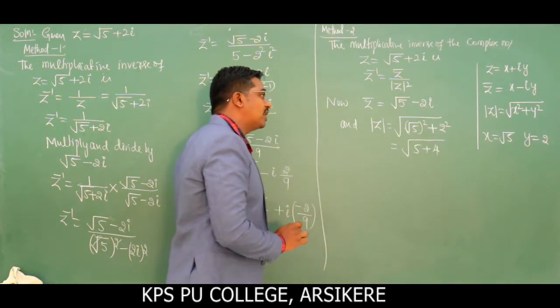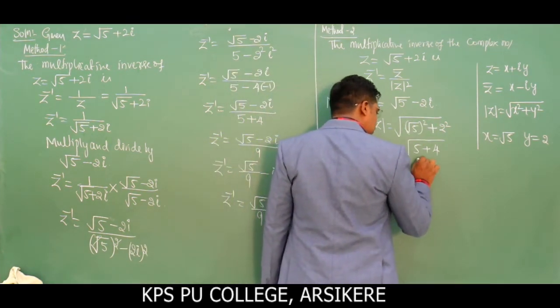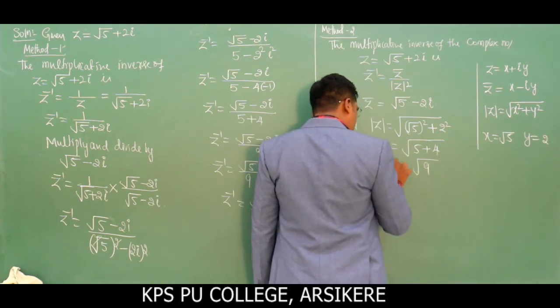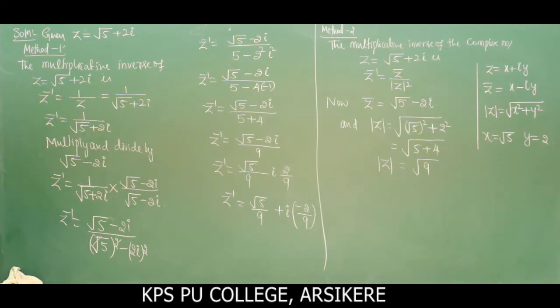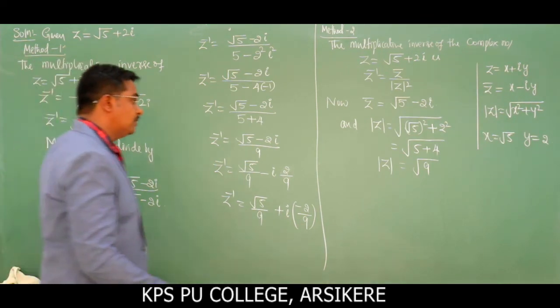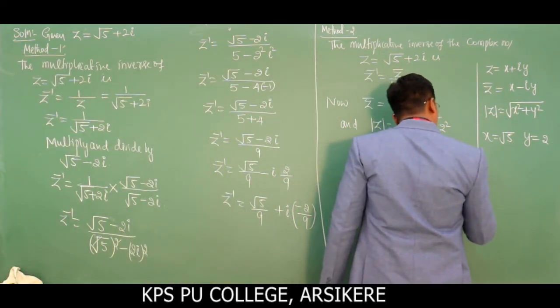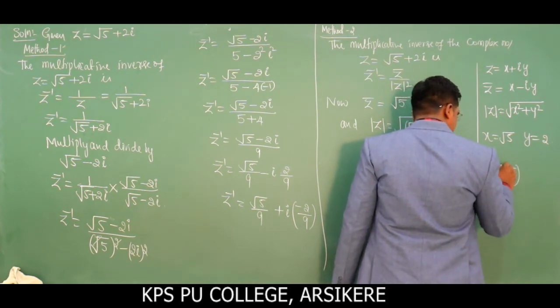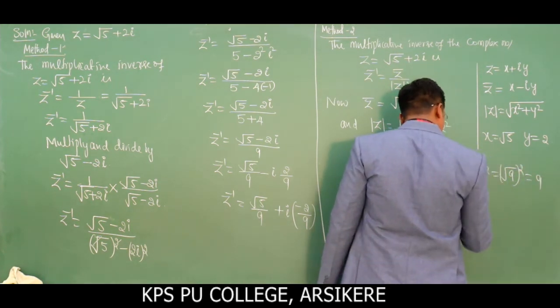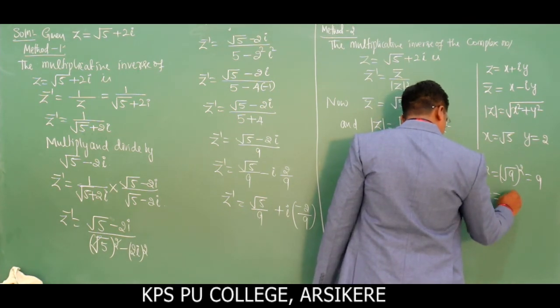Mod of z whole square becomes 9, because the square root and square get cancelled. Therefore mod of z whole square is equal to 9.